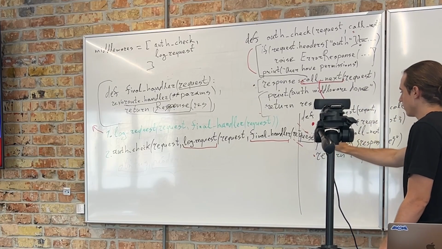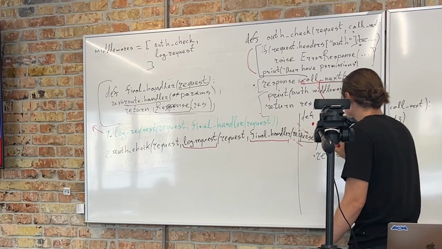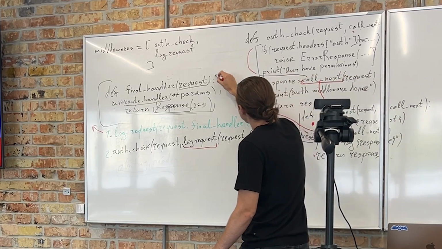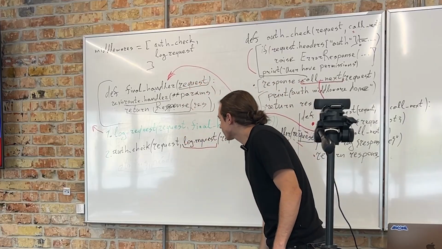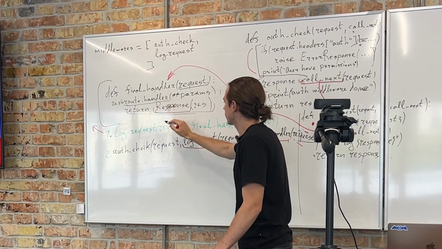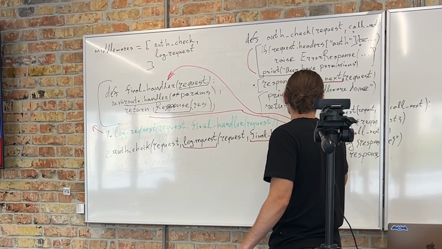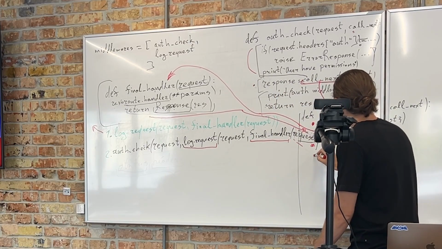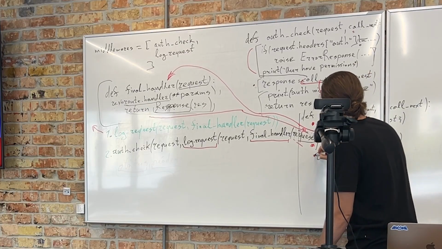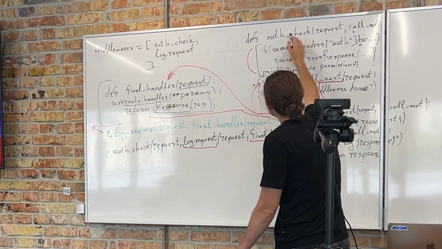Then call next for log request is our final handler, which returns a response. So we return this response here, then perform some logic, then return the response from log request to auth check.